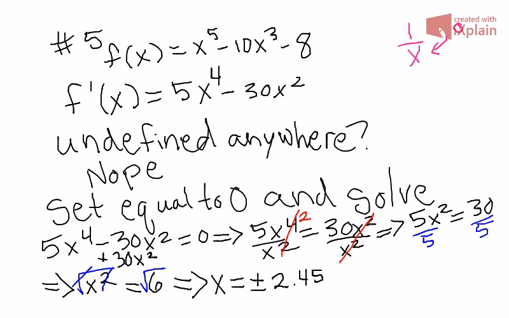Even if you take negative 2.45 times negative 2.45, it's still positive 6. So you get the plus or minus. And so the two critical points are x equals 2.45 and x equals negative 2.45. Alrighty.